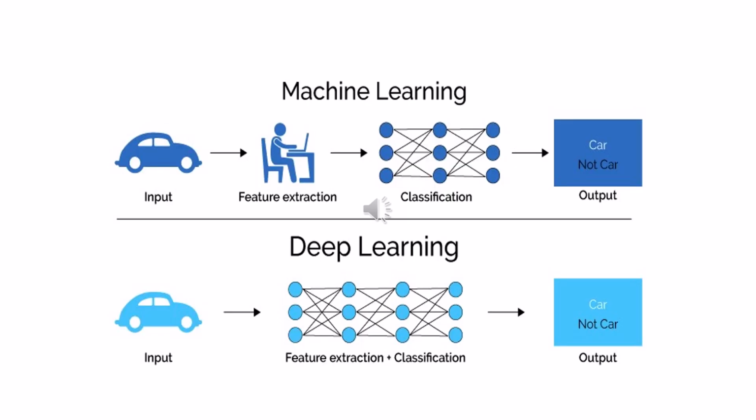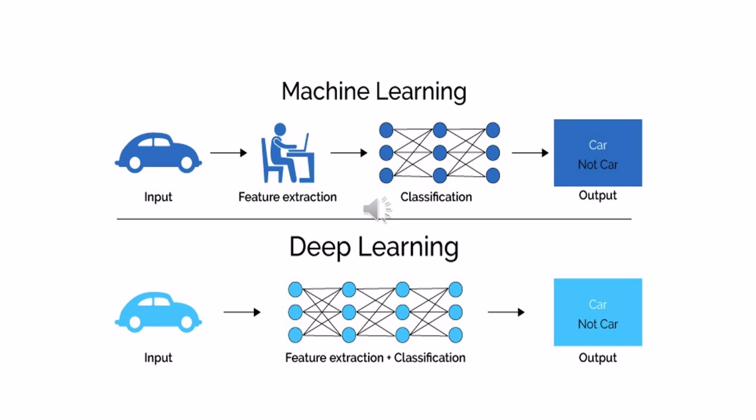The next topic is the difference between machine learning and deep learning. We have the input as a car, and we have to find whether it is a car or not a car. So we apply both the machine learning and deep learning algorithms to check this. If we apply the machine learning algorithm, feature extraction is a separate step, then classification is a separate step, and then we check whether it is a car or not a car.